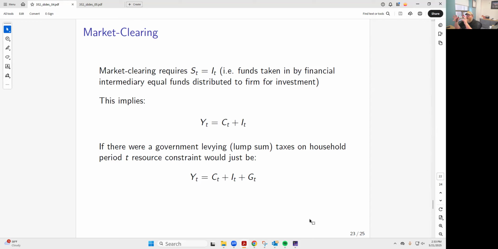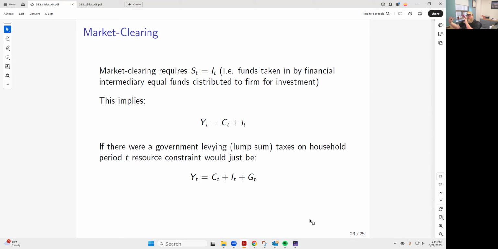What that means is that funds taken in by the financial intermediary has to exactly equal that which is distributed to firms for capital investment. So what that means is that output, Y_t, is just equal to consumption in time period t plus investment in time period t. And then if we want to add in government spending, we just add in that G_t as well.